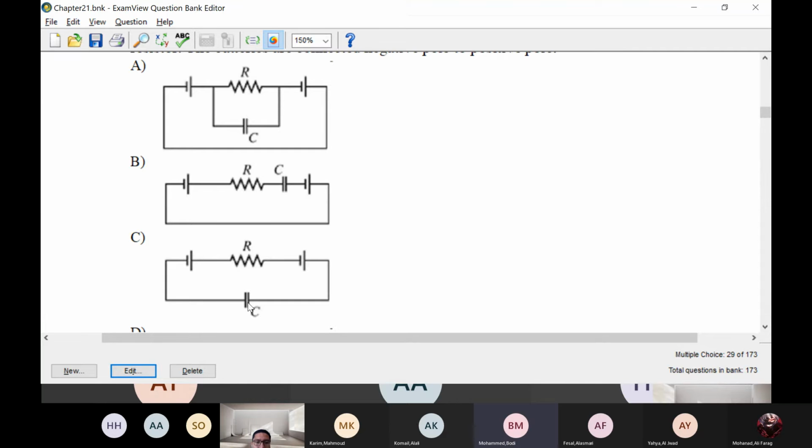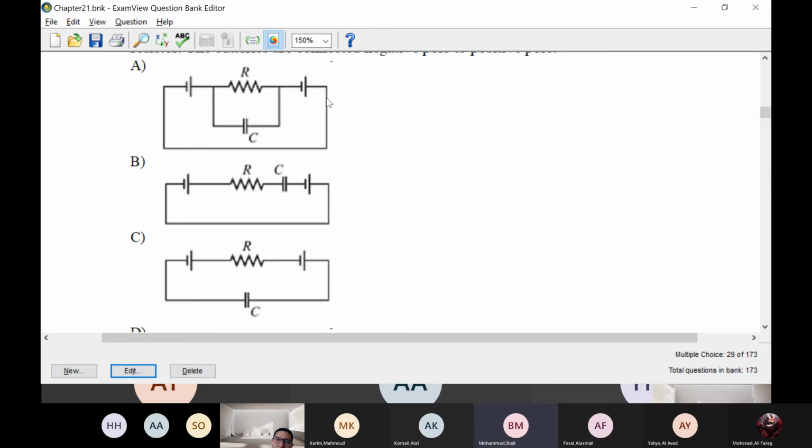C: the capacitor is in series with the batteries and resistance. We have only one path. All of them are in series with each other. We need this capacitor to be in parallel with the resistor, and the batteries connected negative to positive.